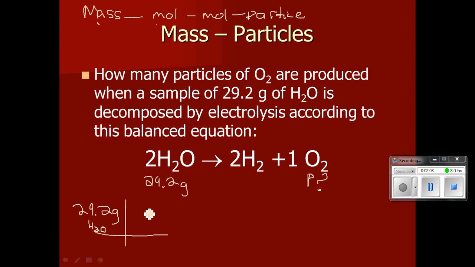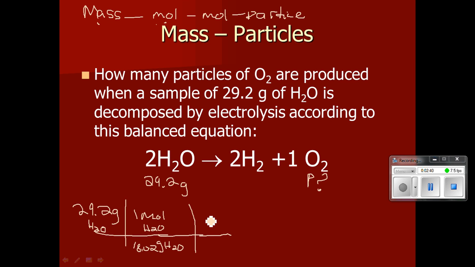When we go to moles, remember, you put the 1 mole on top, and then you put grams of H2O on the bottom. H2O is going to weigh 18.02 grams.